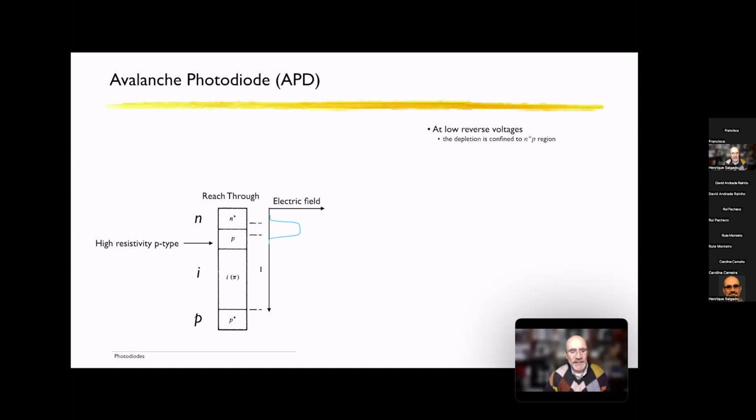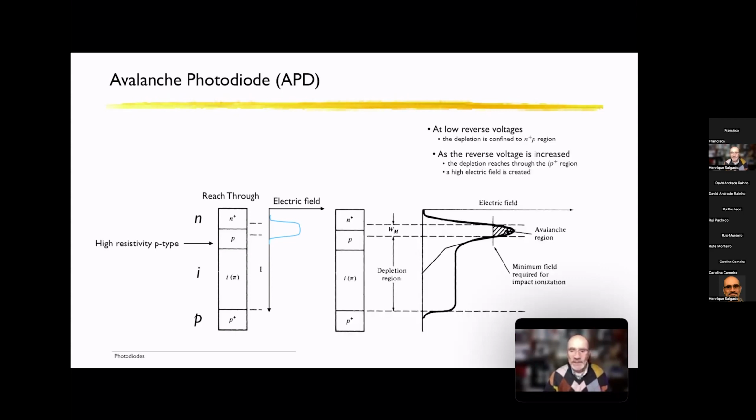Within this junction between the N plus P-type region, an electric field exists. But as you increase the reverse voltage, the electric field reaches through the P plus type region, and so the depletion regions become quite large, as shown here.